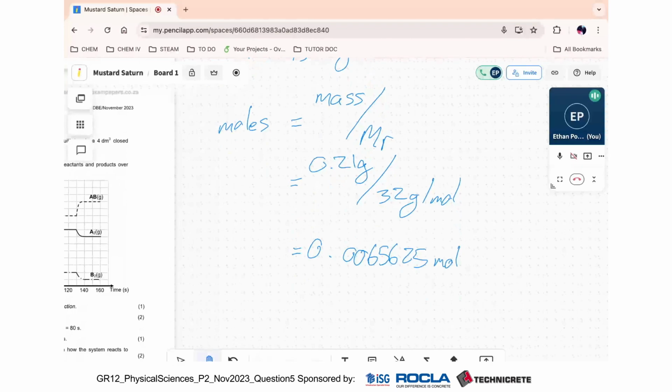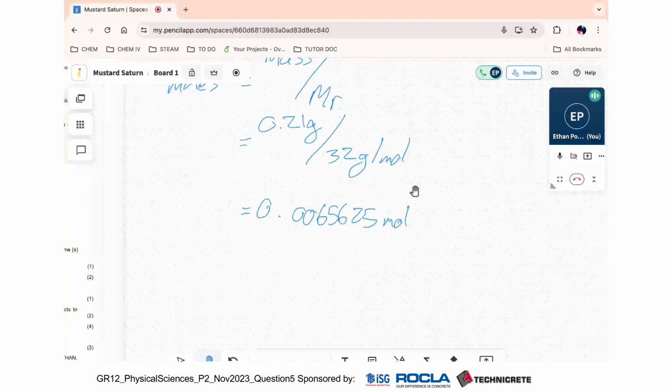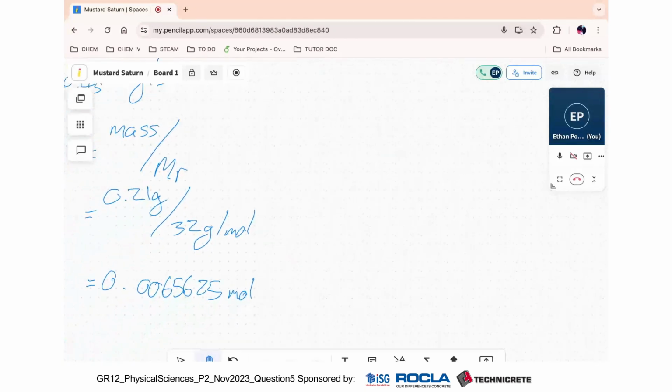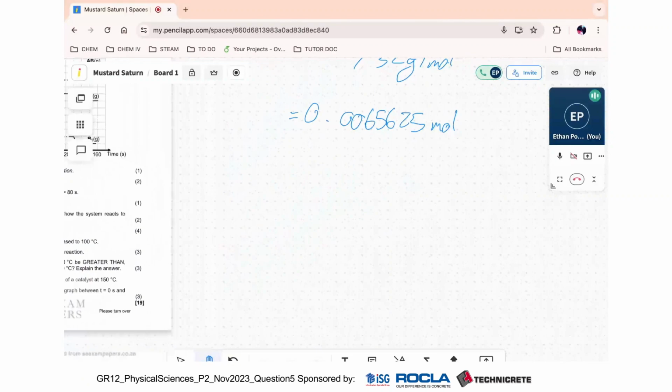So let's calculate the mass of sodium thiosulfate because the answer is in grams per second. Okay, so let's just make some space down here. So the mass of sodium thiosulfate, rearranging our equation, we know it's moles times molar mass.